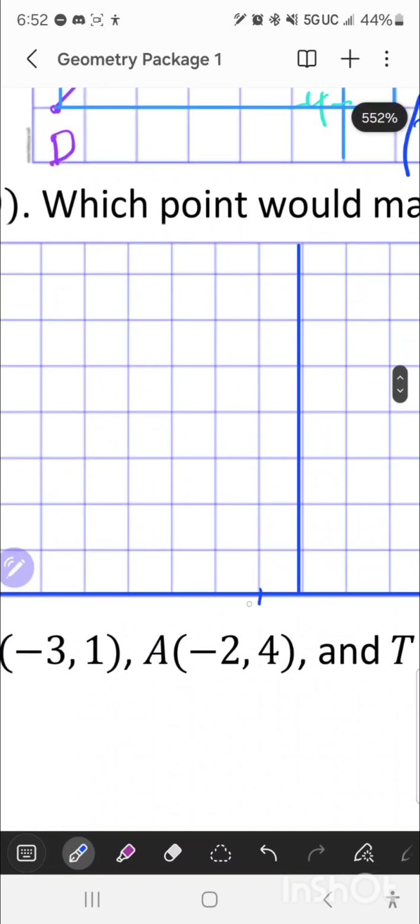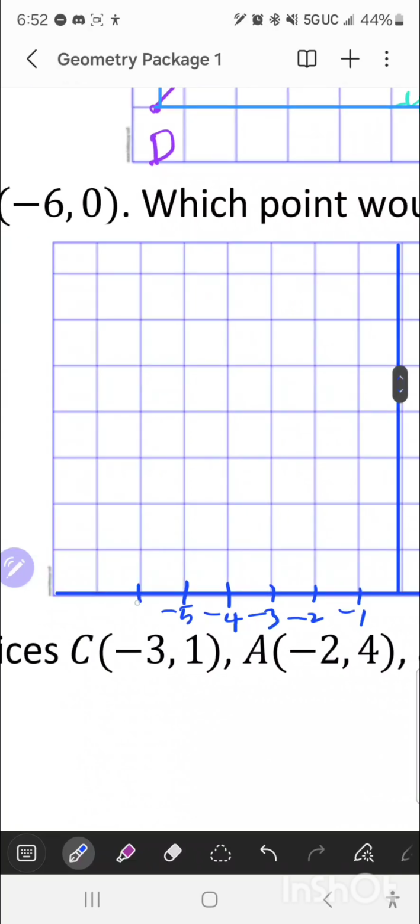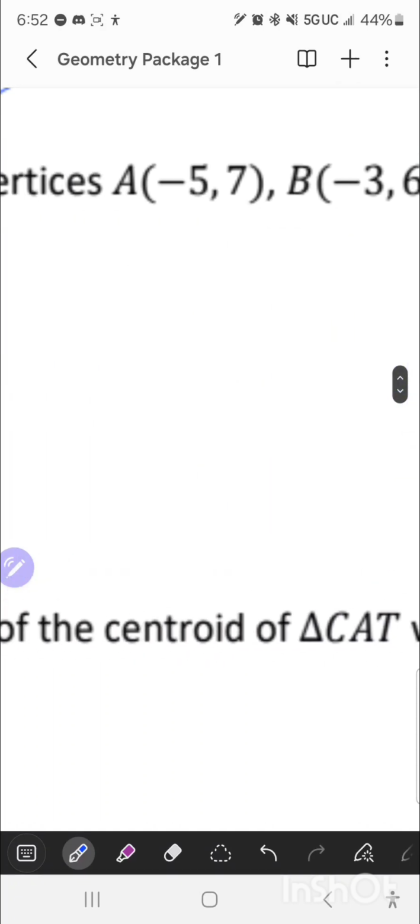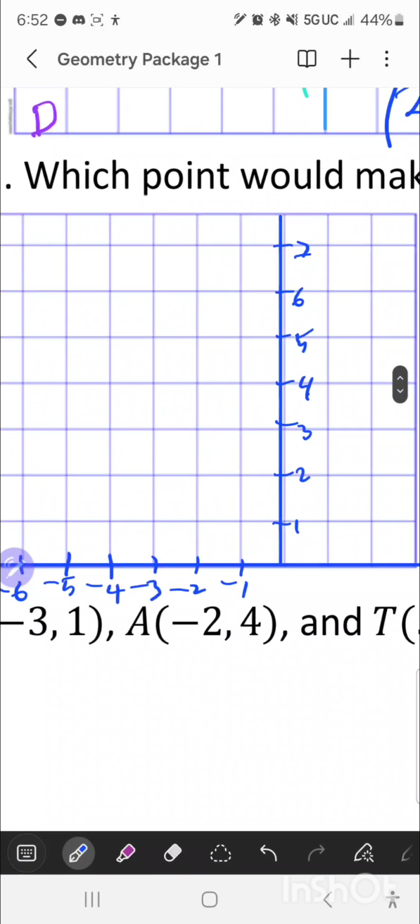I have negative 1, negative 2, negative 3, negative 4, negative 5, negative 6, negative 7, and 1, 2, 3, 4, 5, 6, 7. So yes, that's the one we needed.